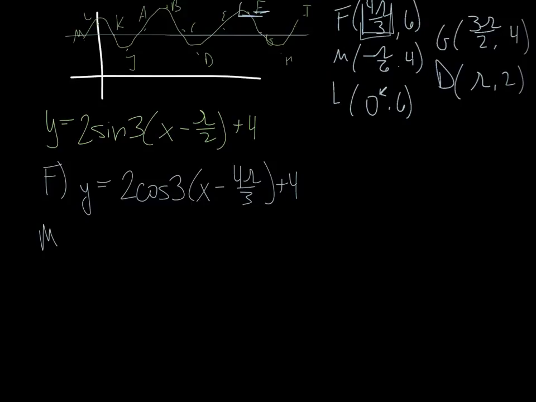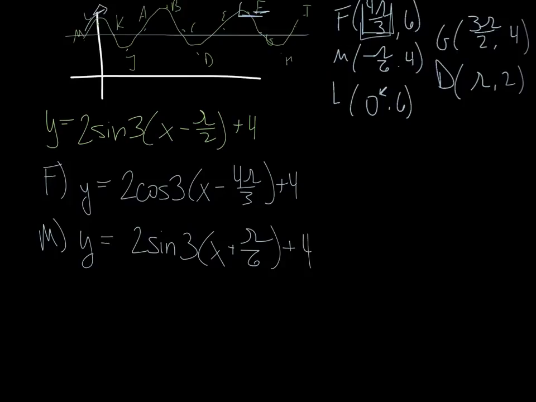So say you want to use point M. So y equals 2 times. M starts at midline, goes high. So it's also a sine graph. Except this time you start on the negative side. So it's going to be x plus pi over 6, plus 4.